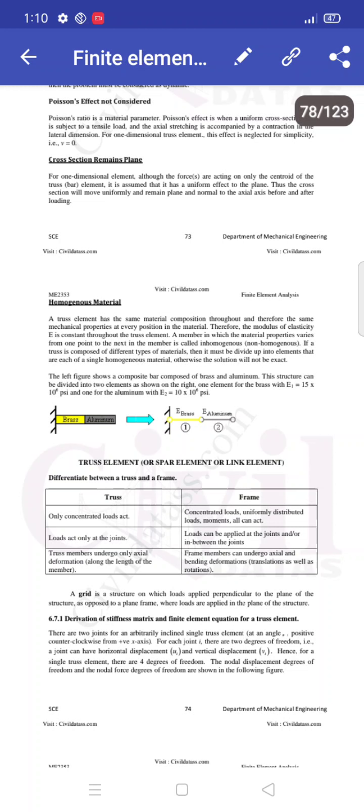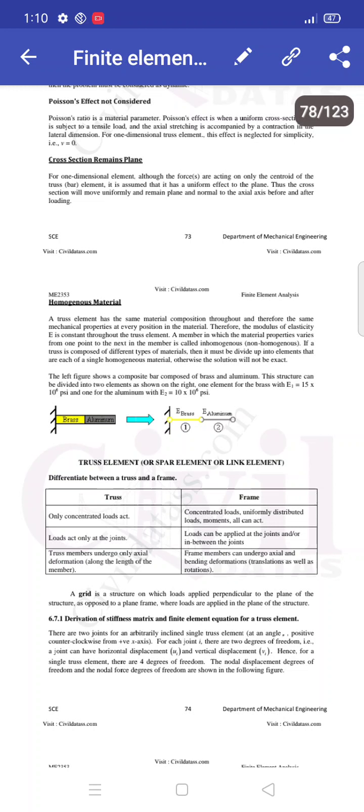A member in which material properties vary from one point to another is called inhomogeneous, not homogeneous. If a truss is composed of different types of material, then it must be divided up into elements that are each of a single homogeneous material, otherwise the solutions will not be exact.